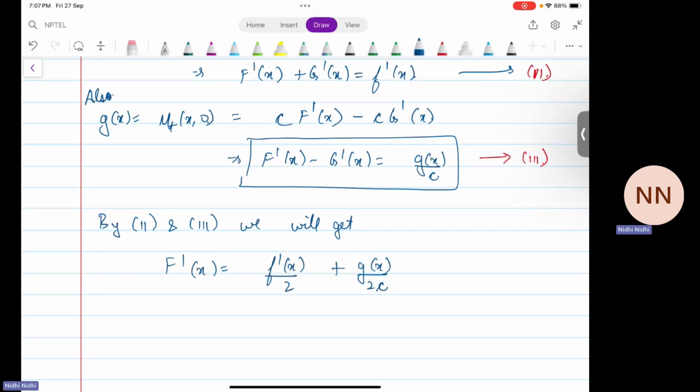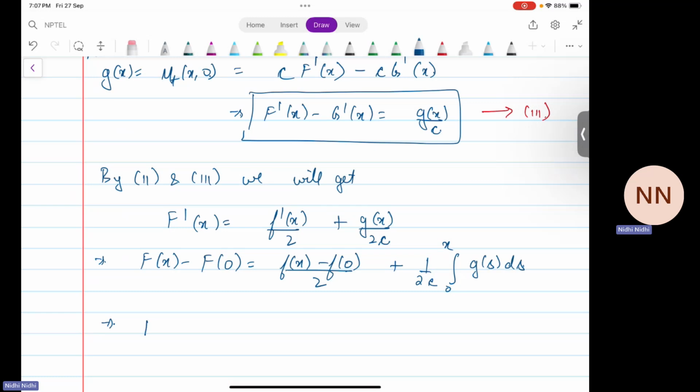So integrating both the sides from 0 to x, we will get F of x minus F at 0 is equal to f of x minus f of 0 by 2 plus the integration from 0 to x of g of s ds.